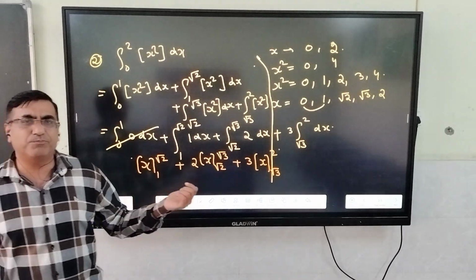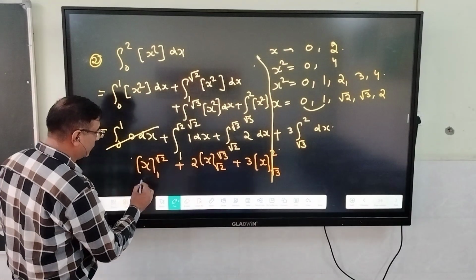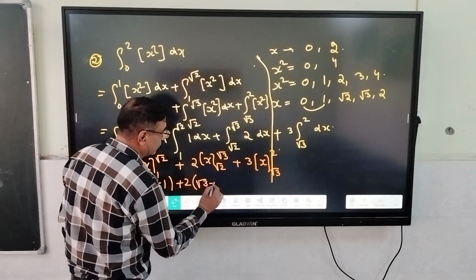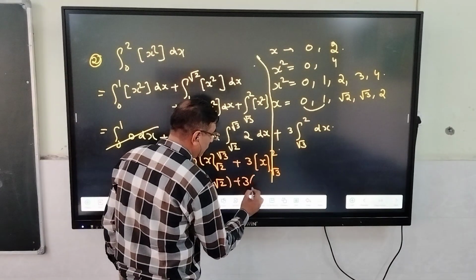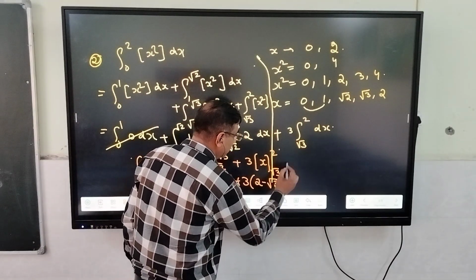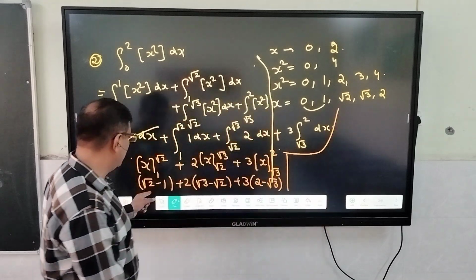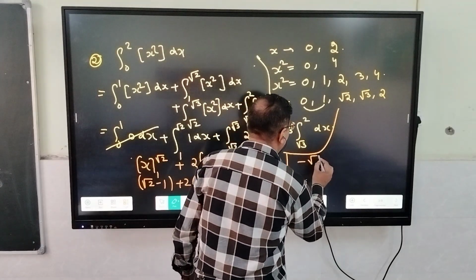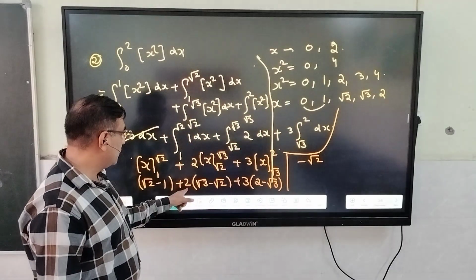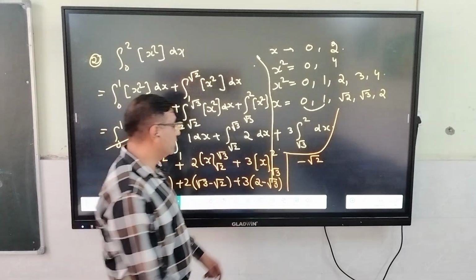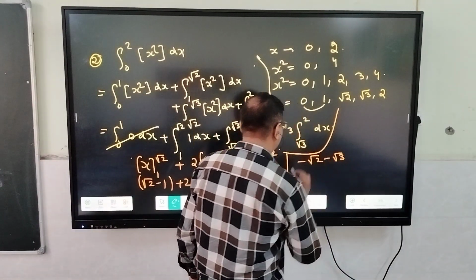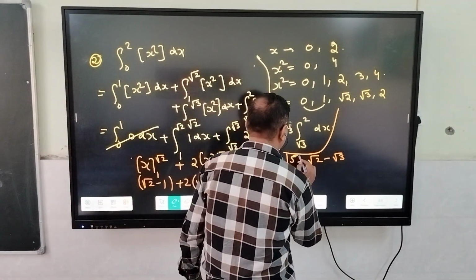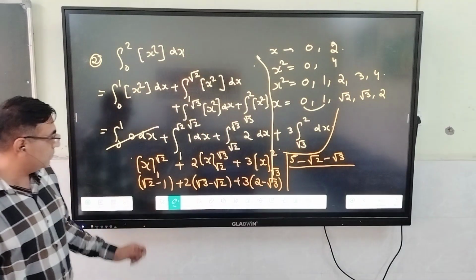Now we put the limits, so it will become root 2 minus 1, plus 2 times root 3 minus root 2, plus 3 times 2 minus root 3. Now we simplify: root 2 minus 2 root 2 becomes minus root 2, and 2 root 3 minus 3 root 3 becomes minus root 3, and the constants 6 minus 1 give 5. So its answer will be 5 minus root 2 minus root 3.